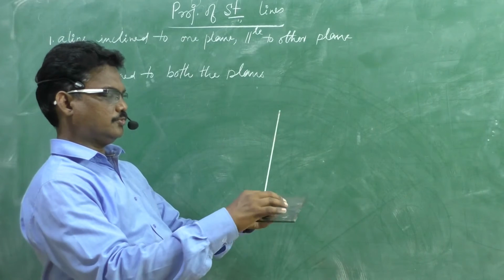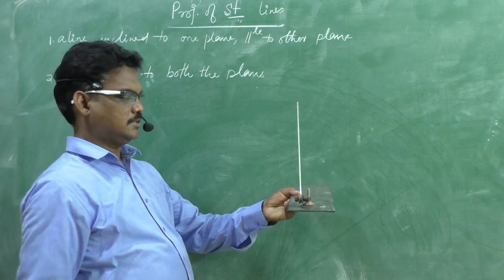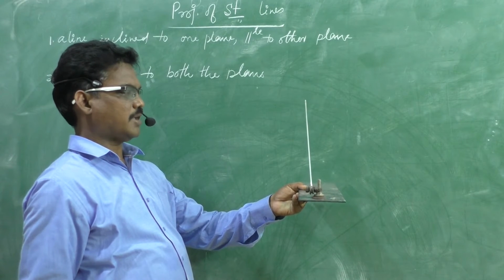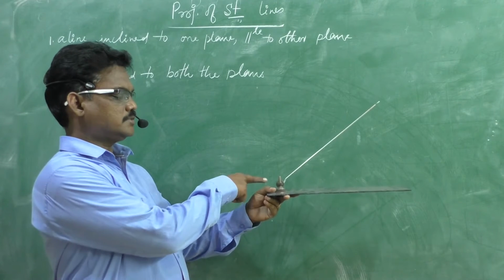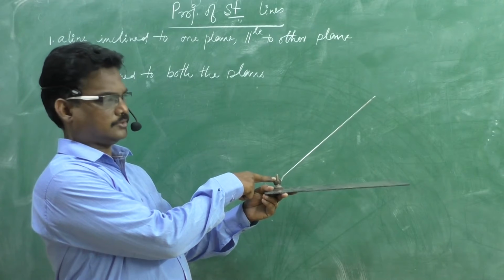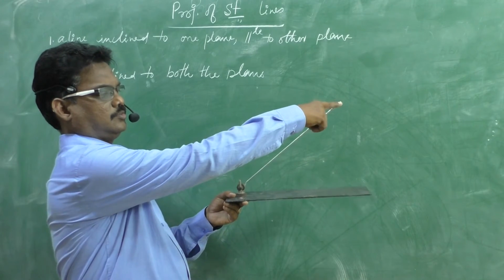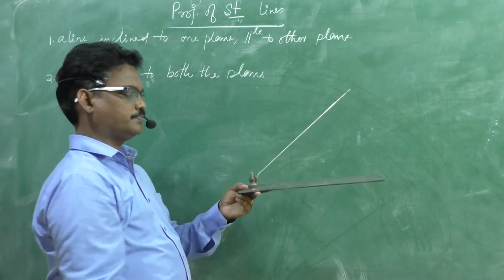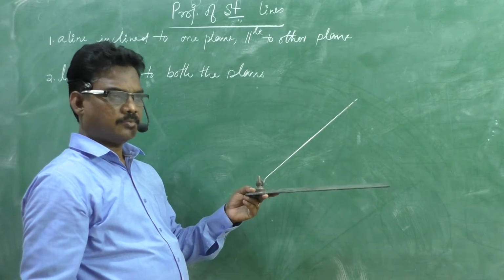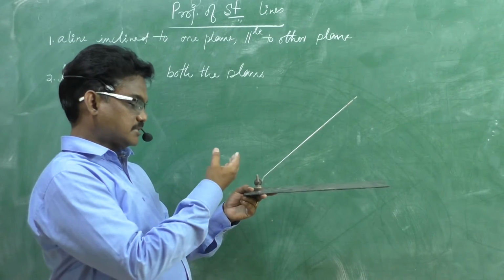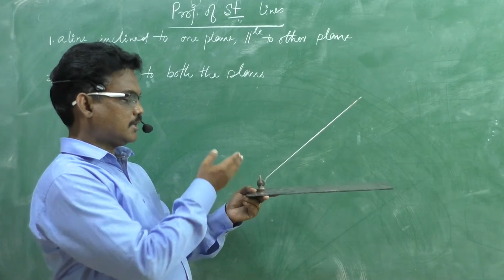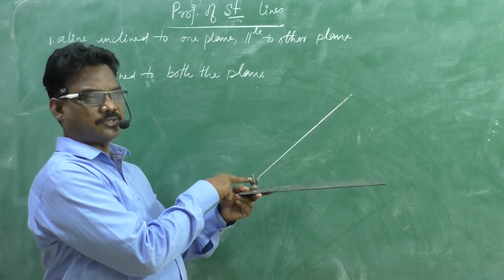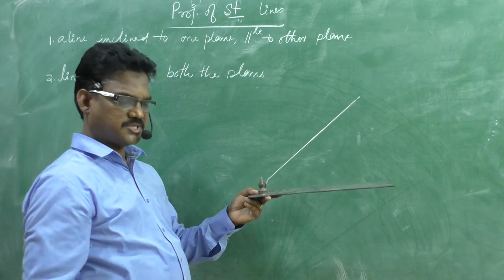Now suppose you imagine like this, this is inclined with the HP, but it is not parallel to VP. One is the fixed point, the other one is the moving point. In the problem, the fixed point position with respect to the horizontal plane and vertical plane needs to be specified.